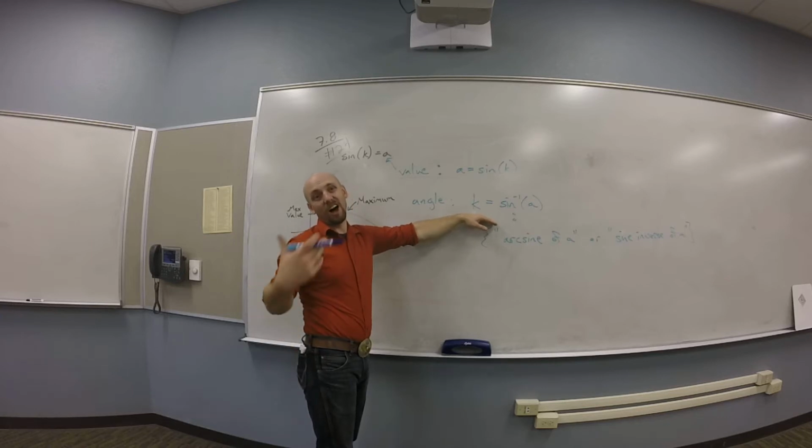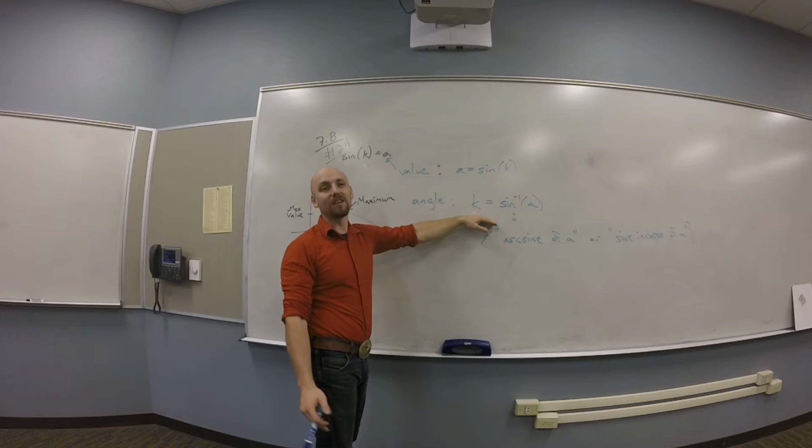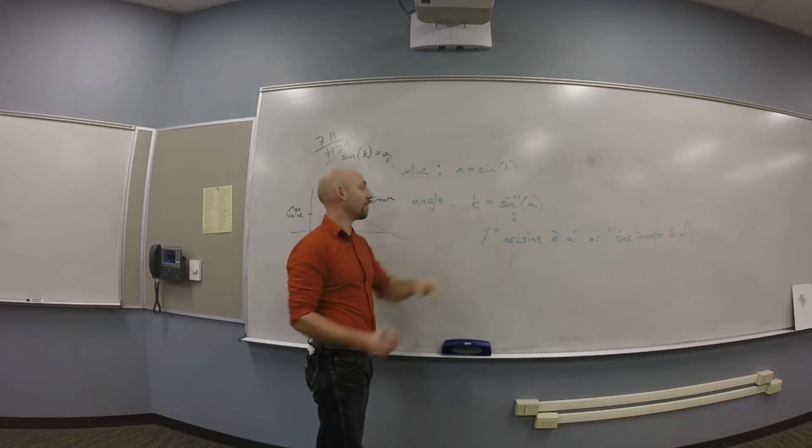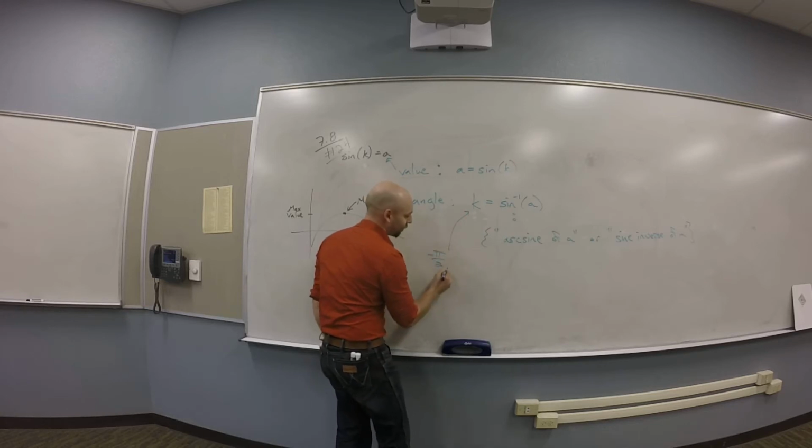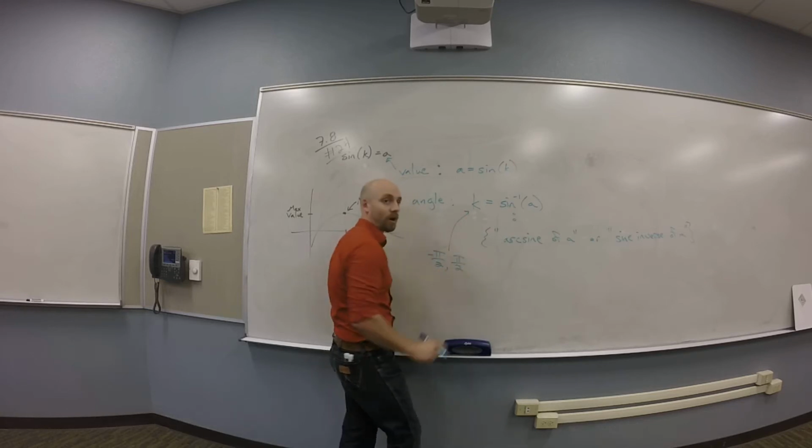It's not even a coterminal one, because the sine inverse only lives on which part of the unit circle? It lives from negative pi over 2 to pi over 2. So this would have to be an angle from negative pi over 2 to pi over 2 for this to work.